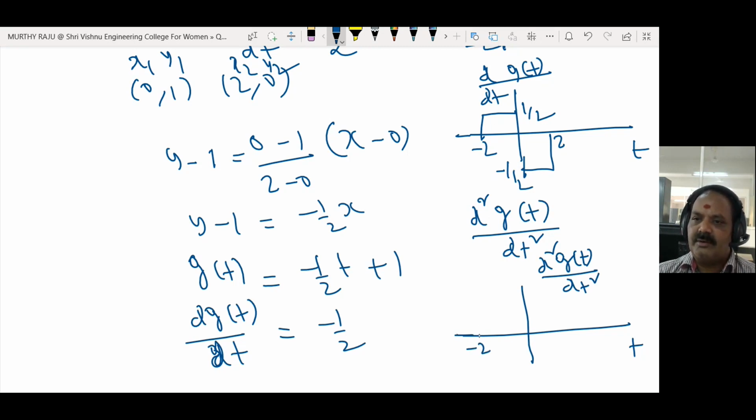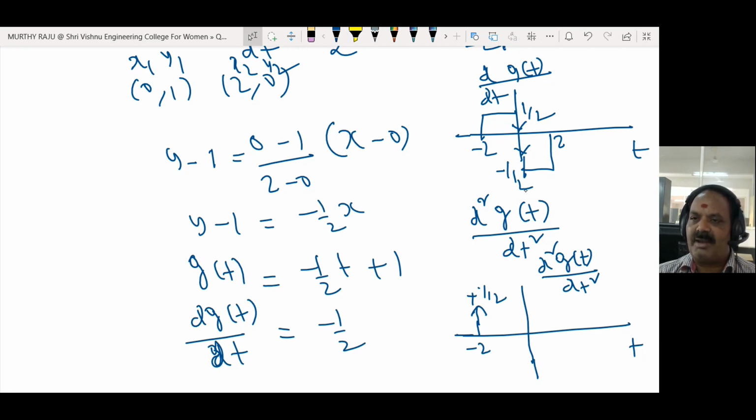Differentiating the -2 to 0 portion, it is a rising function from 0 to some 1/2. Here it is a falling function. Constant differentiation is 0.